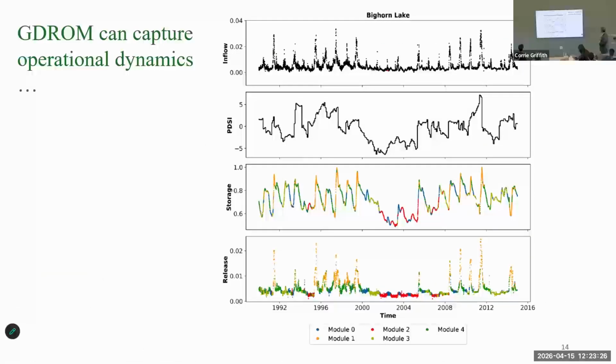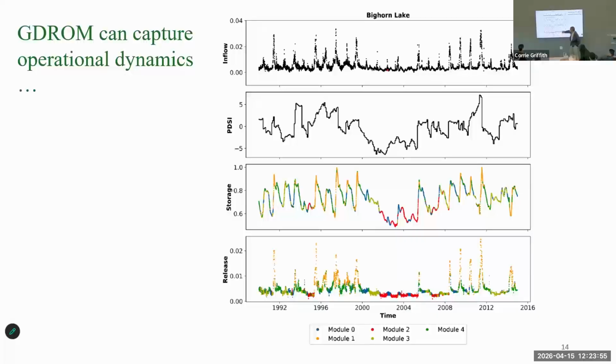And more interestingly, the GDROM could capture operational dynamics. Over here, for this particular reservoir, Bighorn Lake, we identified 5 modules. This is the storage time series, and this is the release. The different colors represent the use of different modules.